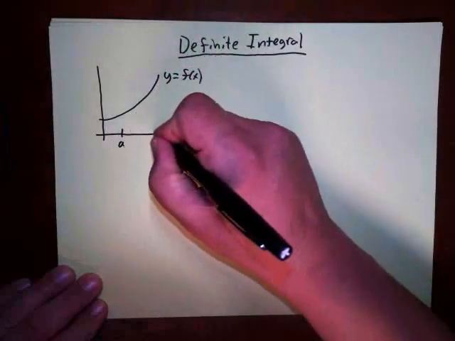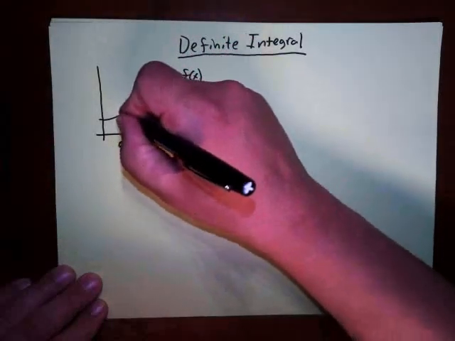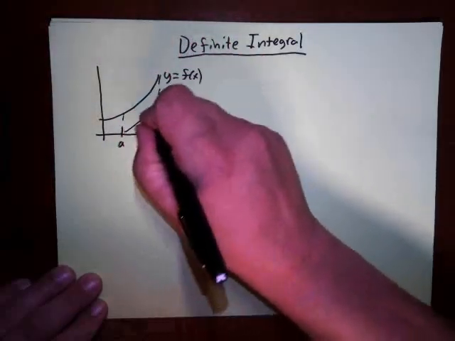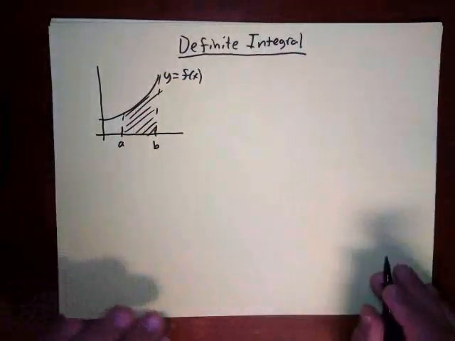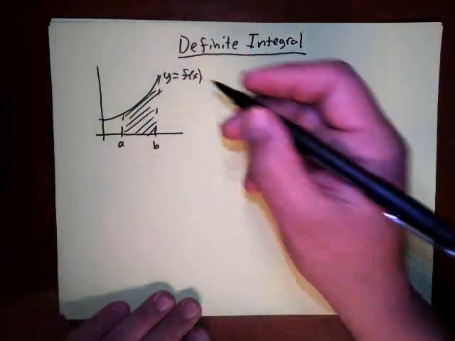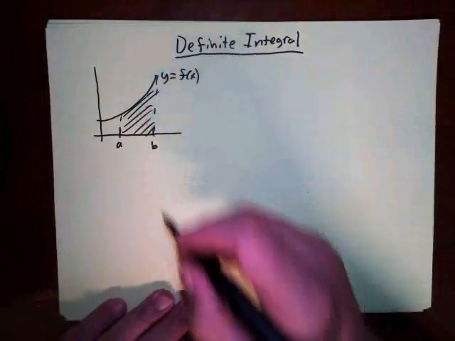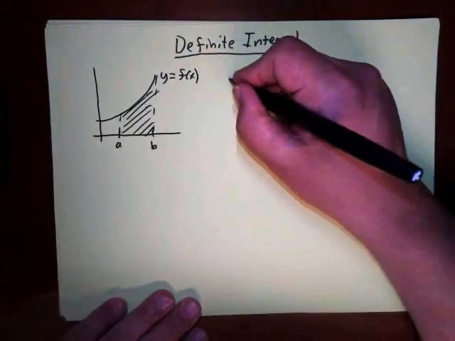And I'm interested in getting the area from A to B, the area underneath the curve, this shaded area here. So basically the definite integral is defined to be the shaded area underneath f of x.